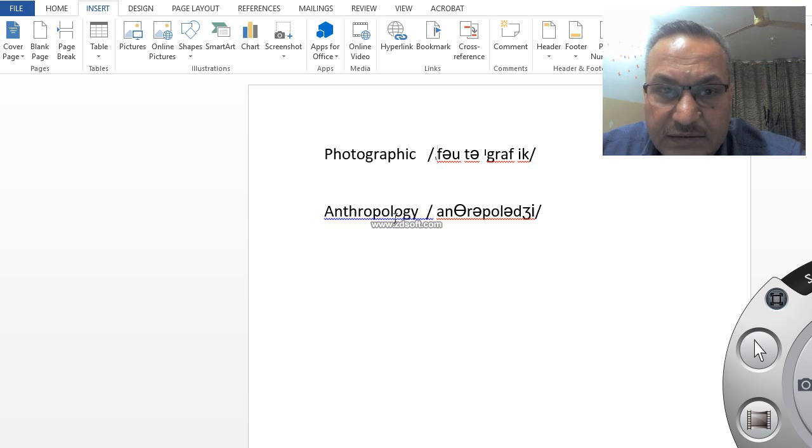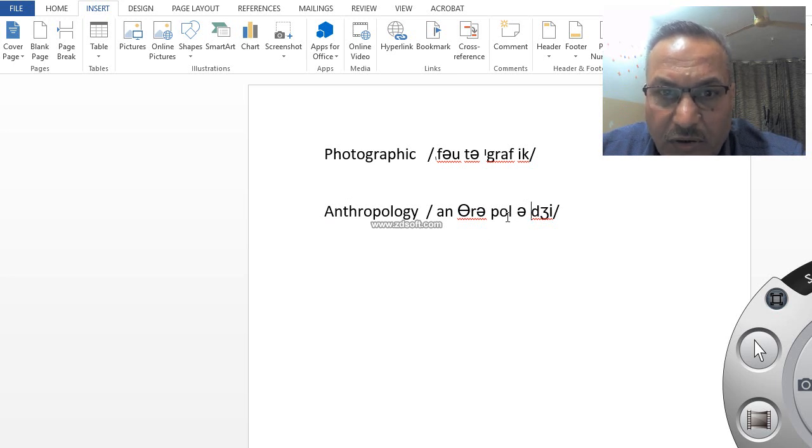The second word, the second example, anthropology. How many syllables does it contain? an, thro, pol, schwa, and gy. How many? 1, 2, 3, 4, 5 syllables. So this word contains 5 syllables. Which syllable is stressed?